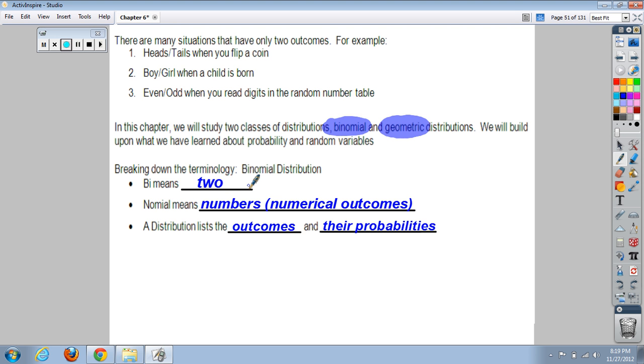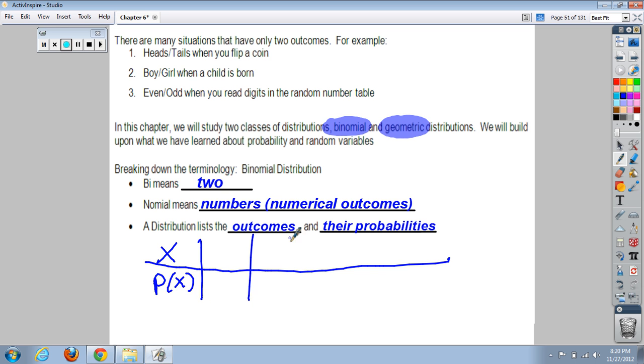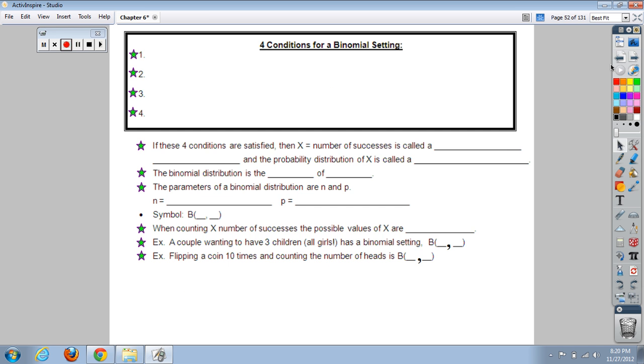Just like when we did a probability distribution, when we would make our table, and we would have all of our x outcomes, and then all of the probabilities tied into them. So we're still going to do the same type of thing, but with a binomial distribution instead, more specifically.